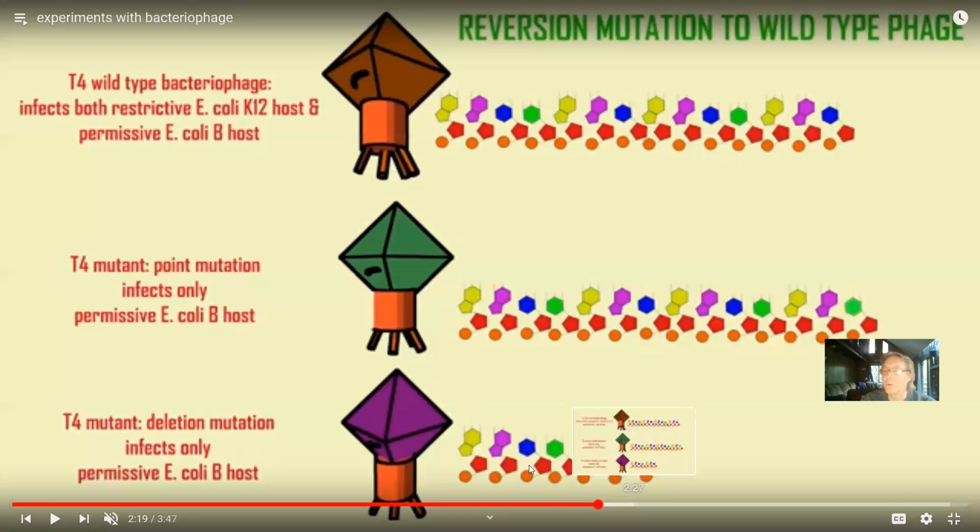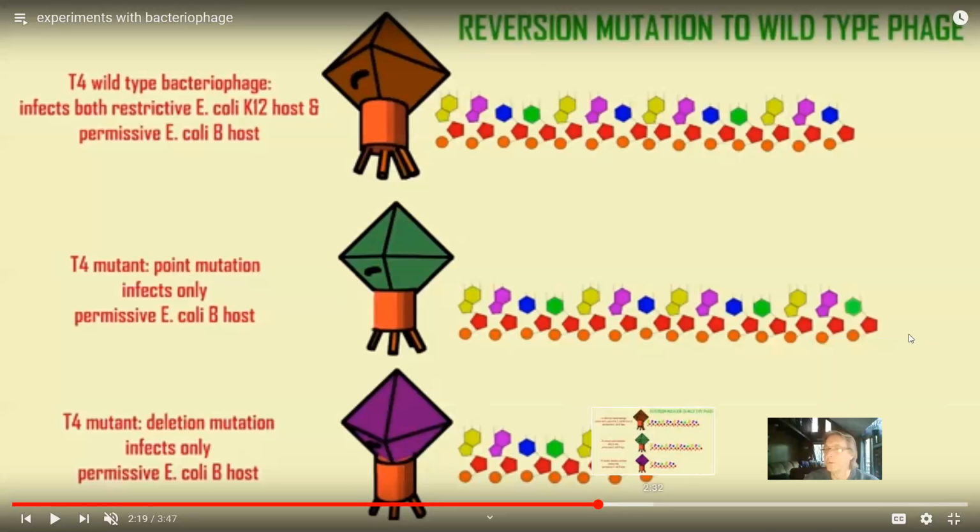And you could then study whether there could be a reversion mutation for the mutant strain to become the wild type strain again, so that this strain, which can infect E. coli B but not E. coli K, could now mutate so that it could infect E. coli K. You're not looking for just any mutation, you're looking for a mutation at a specific nucleotide to go from here to there. This cytosine to this thymine.